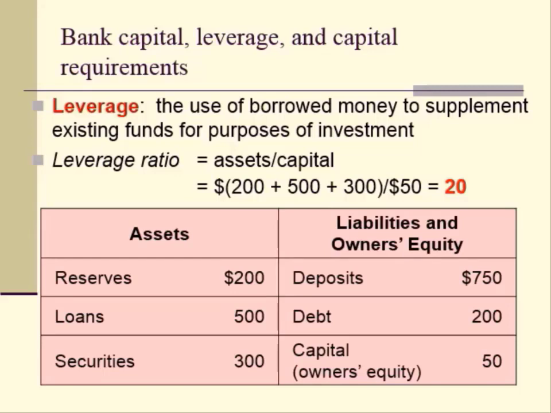So in this case, assets include both reserves and loans, in addition to the securities. So 200 reserves plus 500 loans plus 300 of securities divided by $50, that is capital or owner's equity. So the leverage ratio, that is the ratio of total assets to bank capital, in this case equals 20.